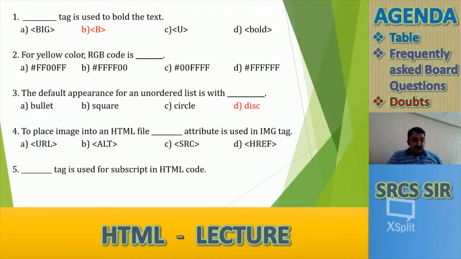There's a tag which is used to make your text into a subscript text. Which one is that? SUB. Good. So the answer is sub. Don't confuse with subscript and SUV. Please be very clear with this because here only you people make a difference.